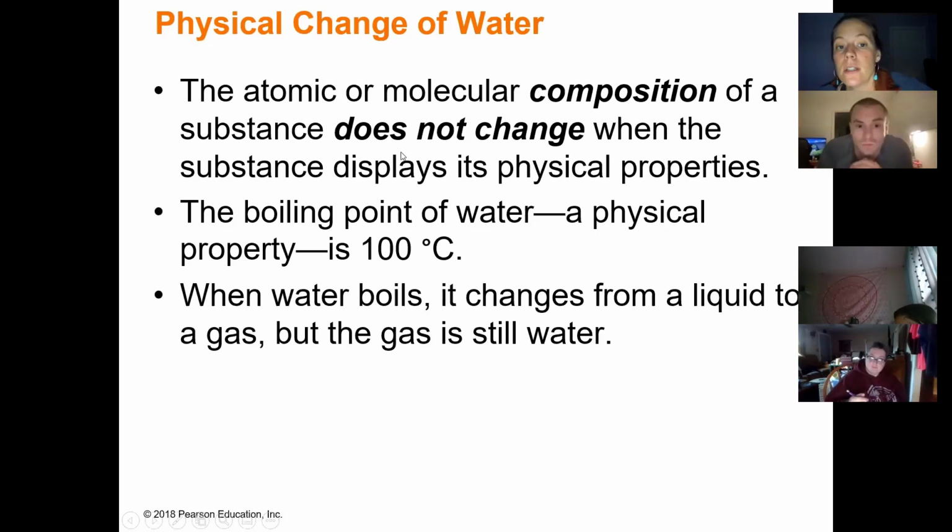Any phase changes are a physical change. So when we go boiling point, freezing point, anytime we're going from a solid to a liquid, liquid to gas, gas to solid, whatever it happens to be, the material may look different, but it isn't a new thing. The boiling point of water is a physical property. It happens at 100 degrees Celsius, and the water isn't changing what it is on a molecular level.